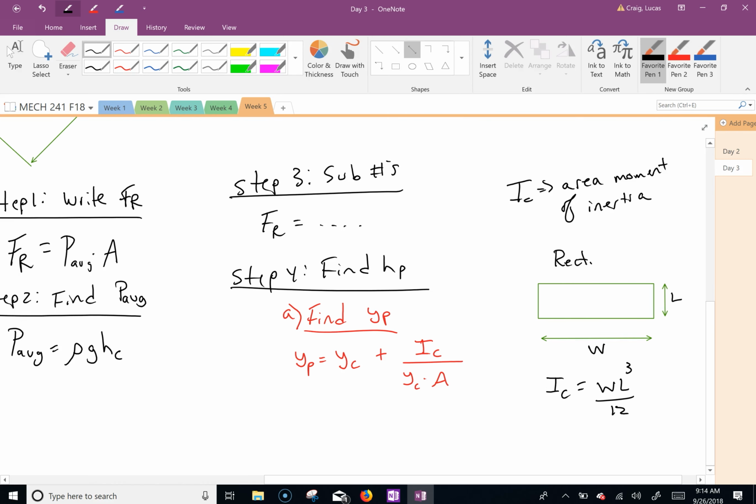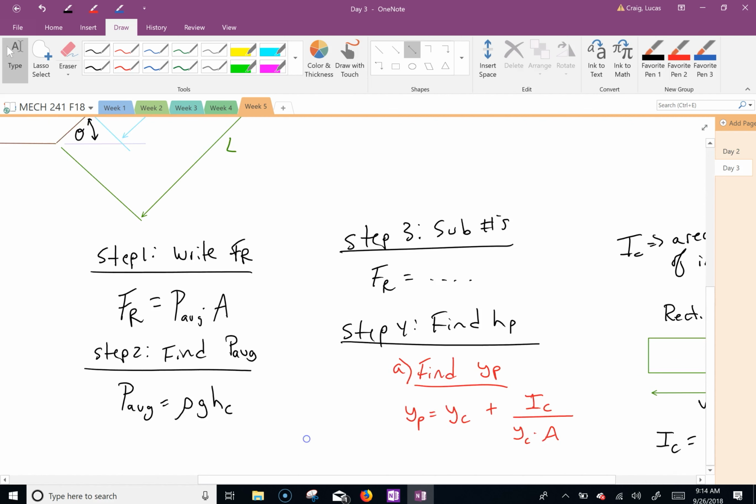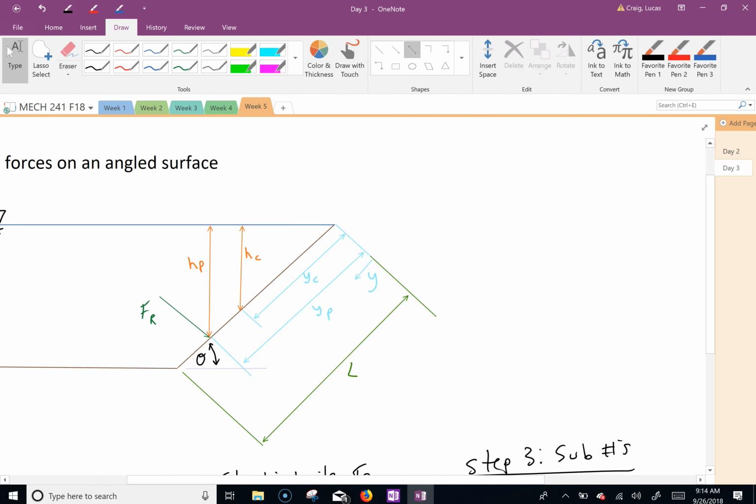Yes? I want to kind of bring this back to step 1. How do we find that area? The area, yep. Okay, I am going to project so that is projected what the water's touching of that dam or wall. Okay, so whatever area the water is touching against, that's the area you need to find.